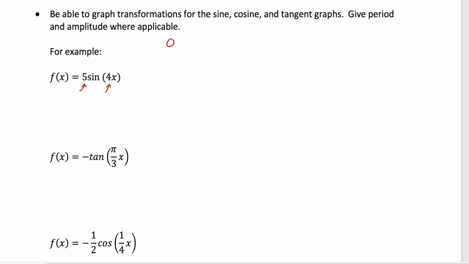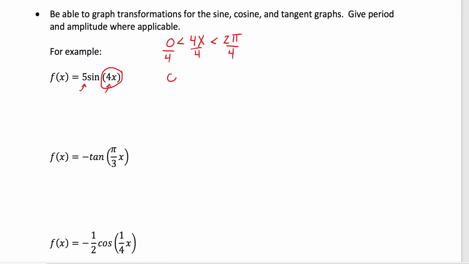All right, so for the sine graph, I'm going to say to myself that the original sine graph starts at 0 and ends at 2 pi. So I'm going to take this 4x and put it inside that inequality. My goal now is to get an x by itself in the middle of that inequality, so I need to divide all 3 parts by 4.